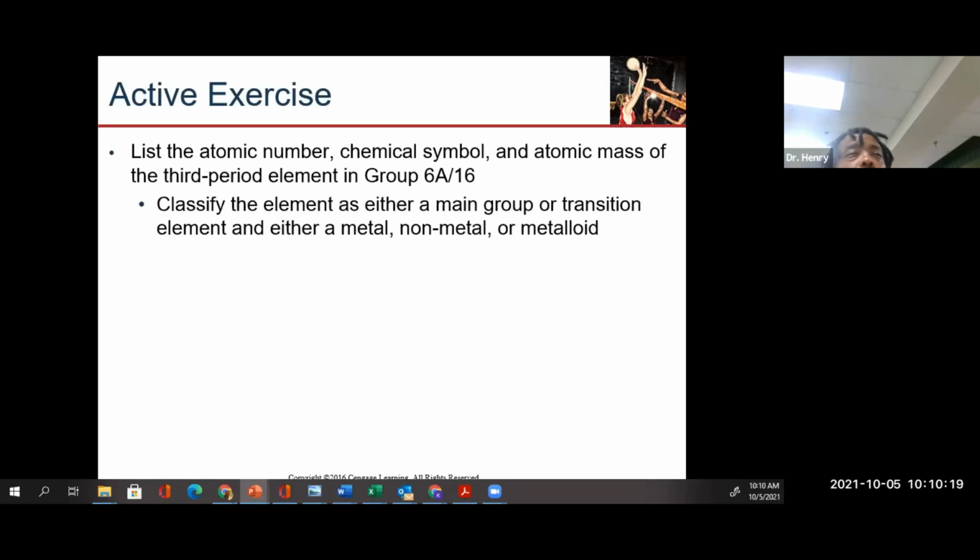So this is the atomic number, the chemical symbol, and the atomic mass of the third period element in group 6A or group 16. Okay, so let's look at our periodic table.